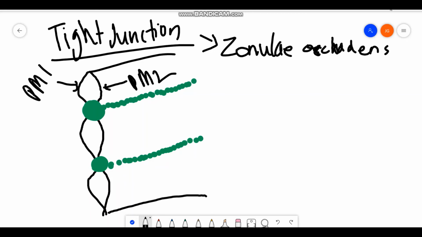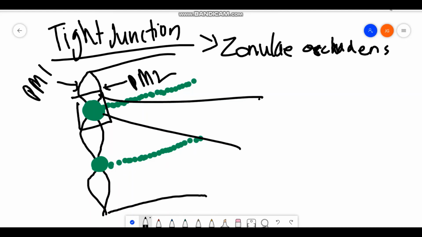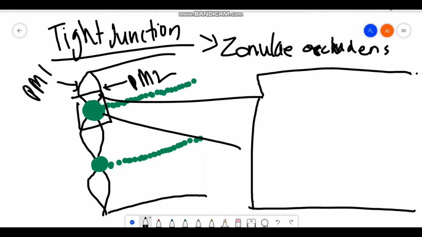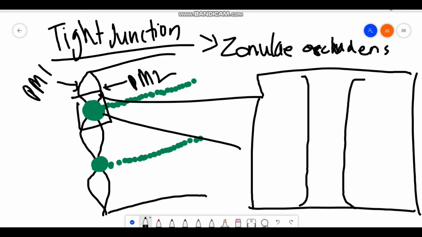So let's say we want to take a closer look at this binding site over here. Let's zoom out a bit. Remember that these are being held together by proteins. Again, let's call this plasma membrane 1, plasma membrane 2. There are three main kinds of proteins that you will see in your tight junction.